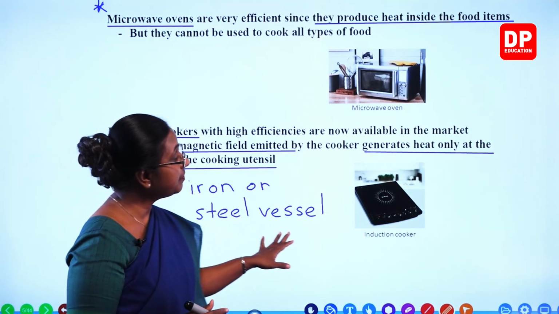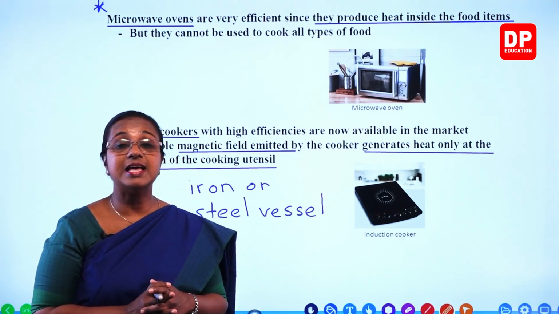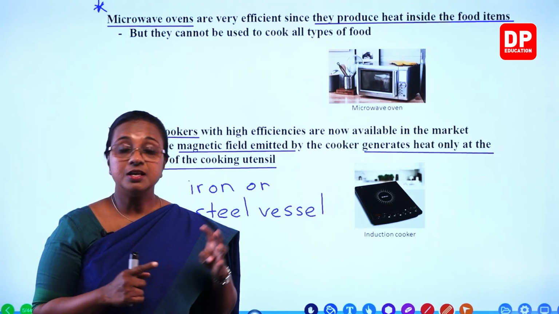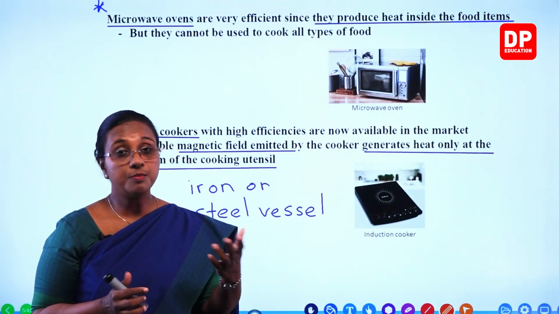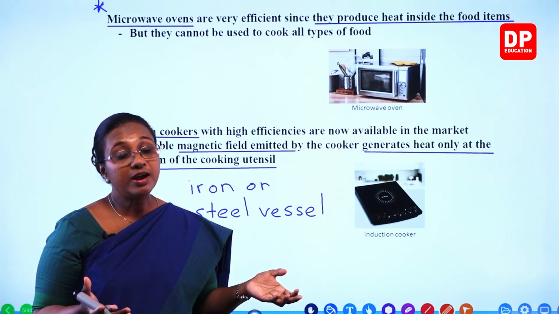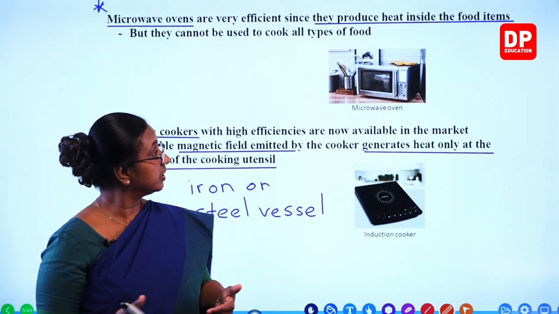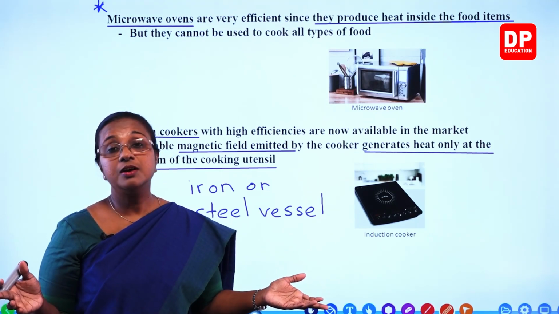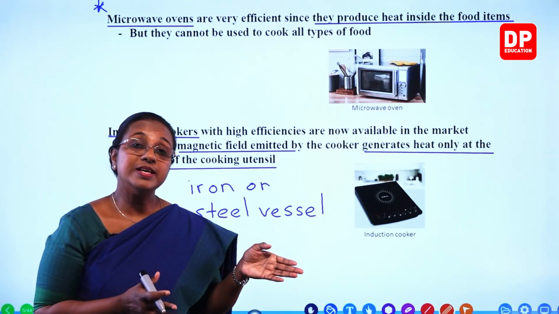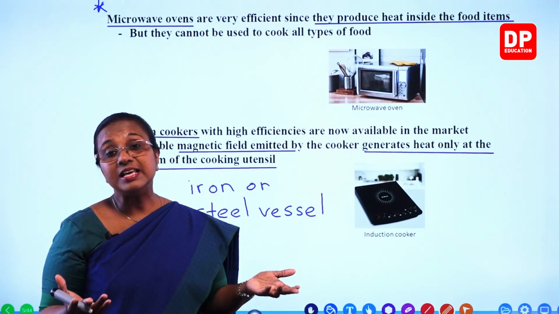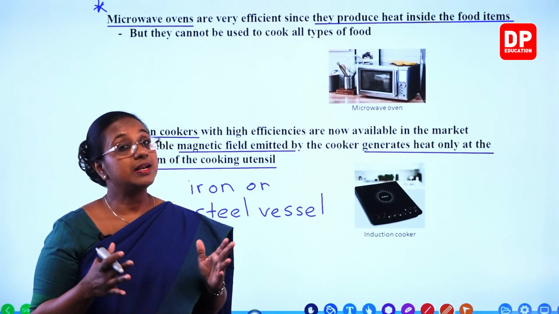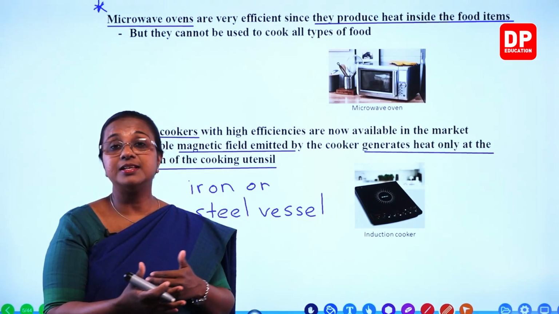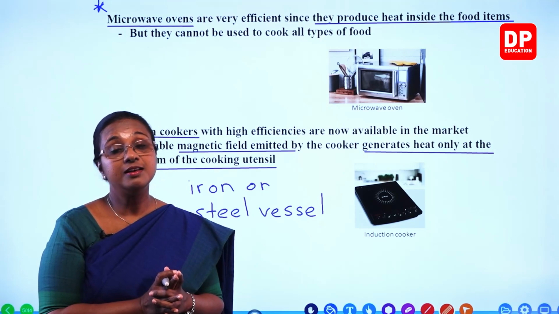So, different types of electric appliances can be used for cooking. There is the immersion heater, normal hot plates for boiling water. Then you have the hot plate rice cooker, microwave ovens, induction cookers for different cooking purposes. Now, although we say rice cooker, normally it is used to cook rice. But at the same time, you can make curries, you can make other types of dishes also using the rice cooker.